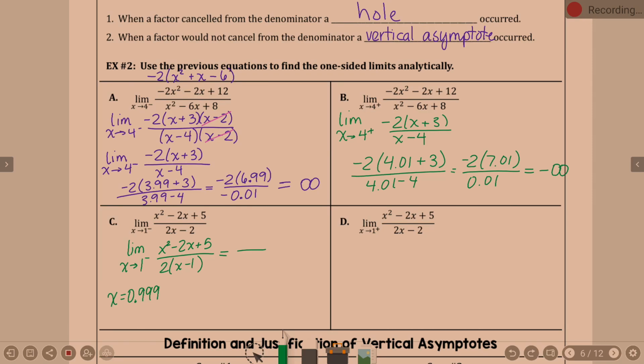2 times a negative is still going to be a negative, but it's going to be a very small number, isn't it? So I want you to think that that's going to be a very small negative. Whereas, what about on top? It's going to be positive.